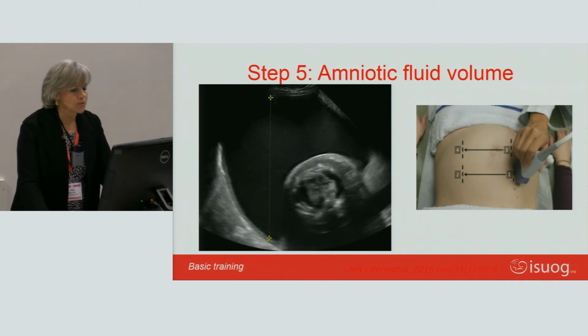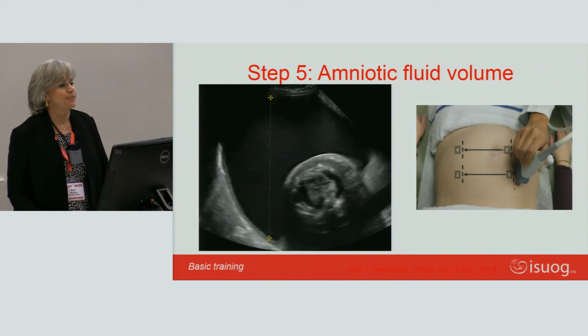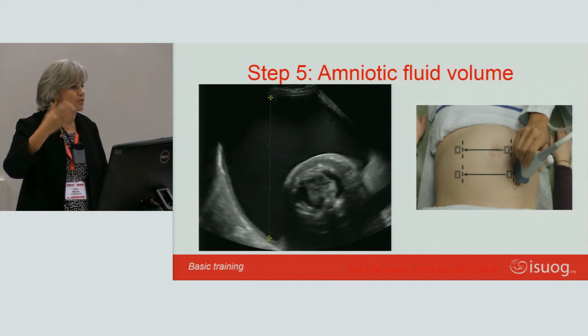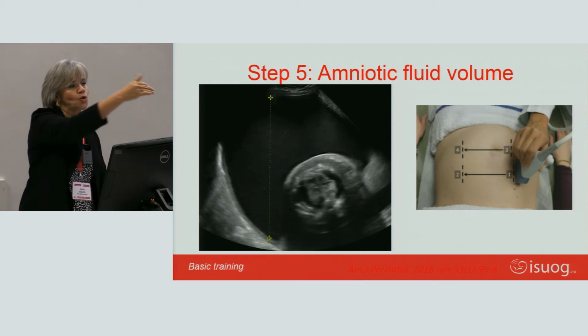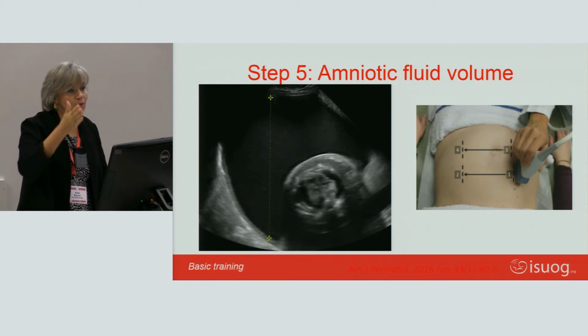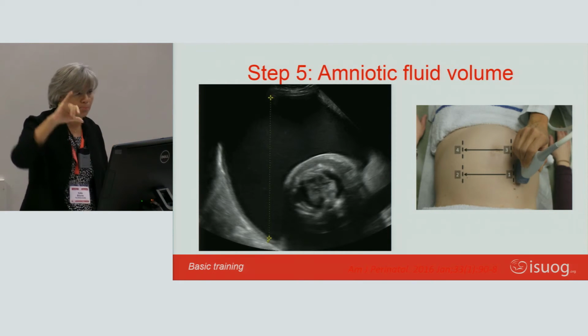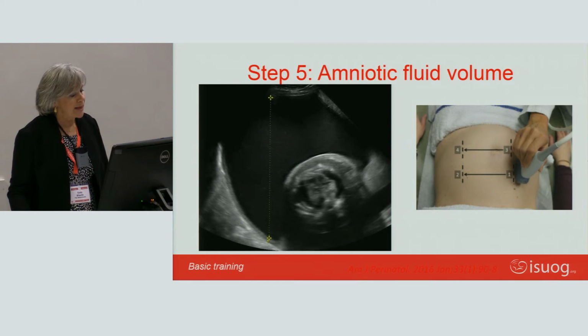So what we do by using this subdivision in 4, and you can also decide yourself which order you want to follow as long as you measure all 4 pockets. We have to measure the largest perpendicular pocket, not including fetal parts.